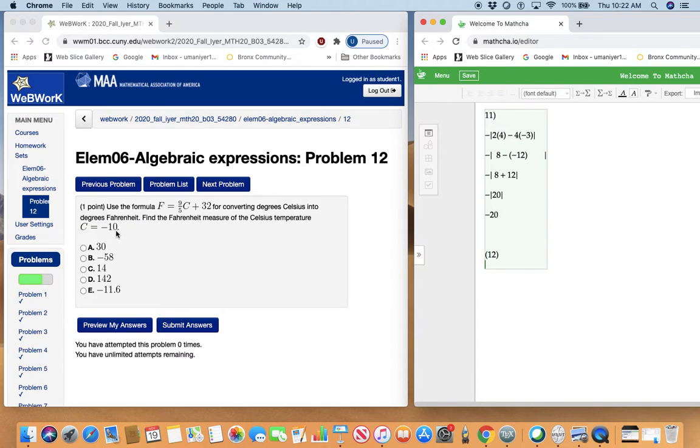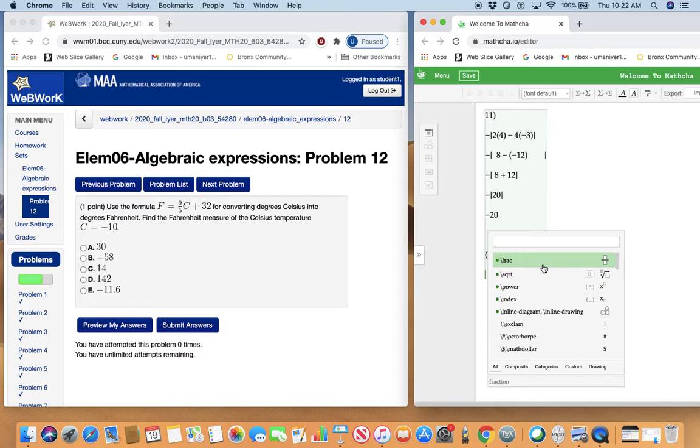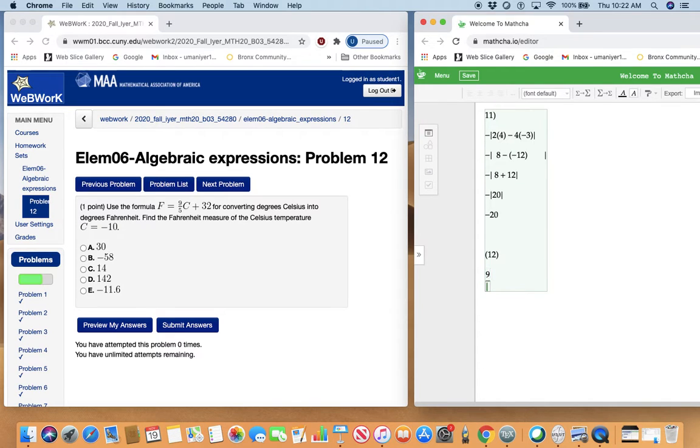So you want to substitute C equals negative 10 into this expression for F. So 9/5, it's a fraction, 9 over 5, C in parentheses, plus 32. Now fill in the blank with negative 10.